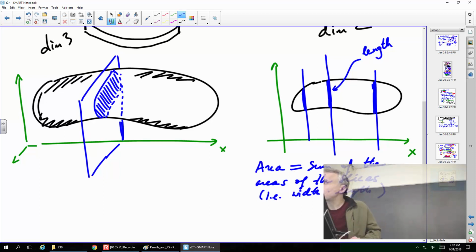So what I'm talking about is this is my length. Well, let's take this one. This is my length, and let me make it thick to make that point. So it's fairly thick. So this is my width.